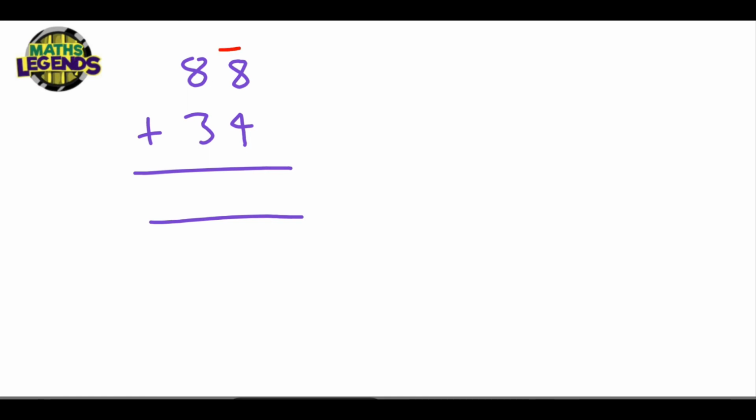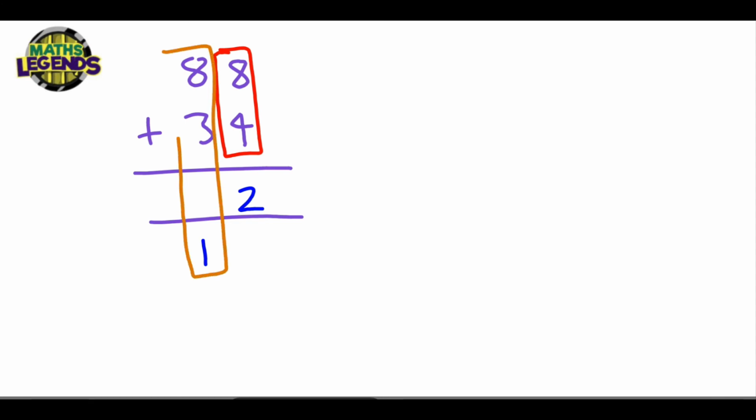So again, starting with our right-hand side column, 8 add 4 gives us 12, and we write that in the same manner. And then we add the next column along. 8 add 3 is 11, plus the 1 gives us 12, and we write this in the same manner.